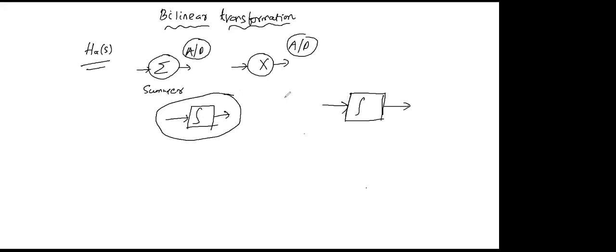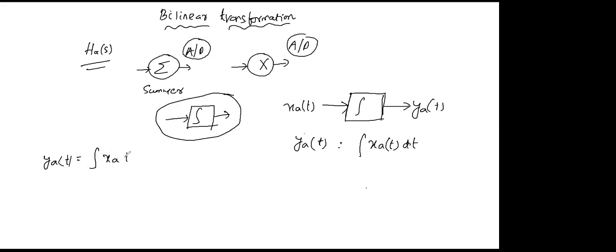Now, this is the integrator. The input is xa(t) and the output is ya(t). Then ya(t) equals the integration of xa(t) dt. We can write this as ya(t) equals ya((n-1)T), some initial value, plus the integral from (n-1)T to nT.